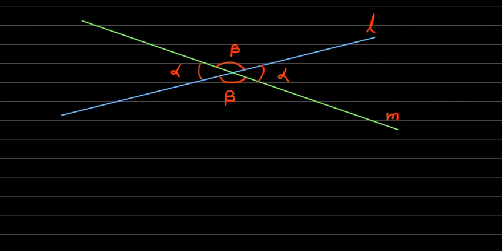Then there are obviously two pairs of angles between them. One is alpha, which is the angle between them, and beta is also an angle between them.